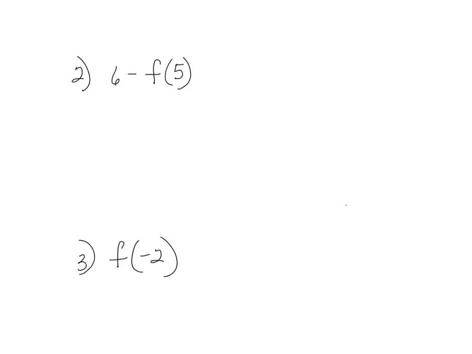Okay, again, we're going to use the same exact function rule, and I'll write it down on the top corner here. Okay, so f of x equals 2x minus 3, and we're going to find 6 minus f of 5. So what we will do is we will simply say, well, 6 minus the function of 5 means 6 minus 2 times 5 minus 3.